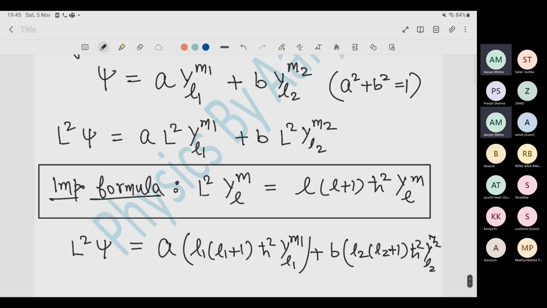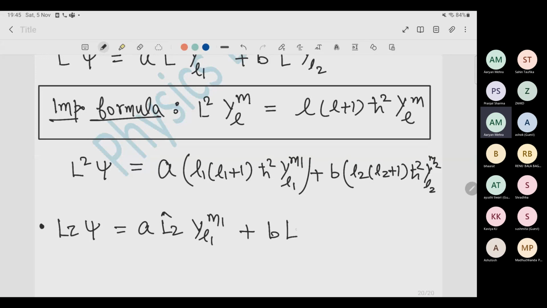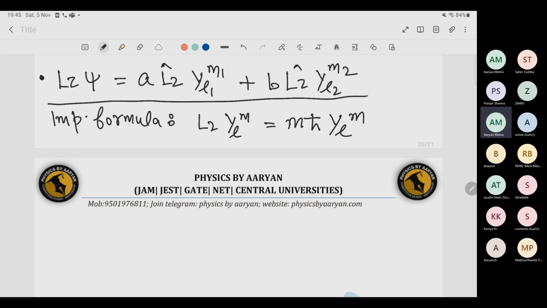Perfect. Now let's operate Lz on your state phi. It will operate on the state Y_{L1 M1}, plus B, it will operate on the state Y_{L2 M2}. Again, an important formula: whenever Lz operates on Y_lm, it gives you m h-bar times Y_lm.